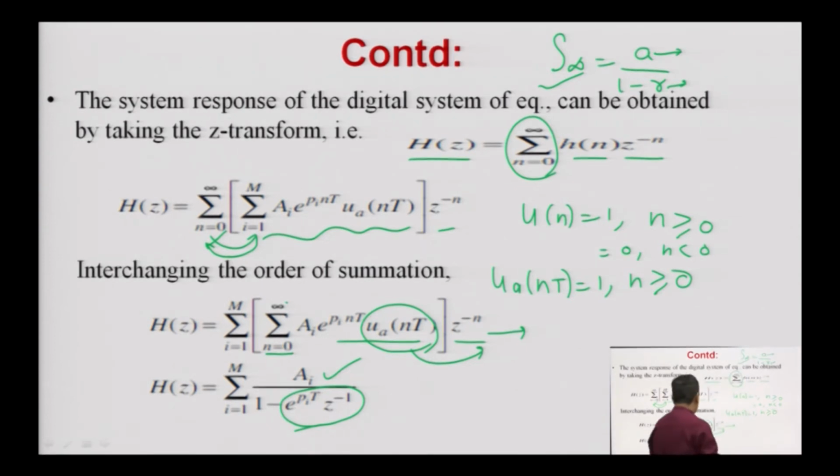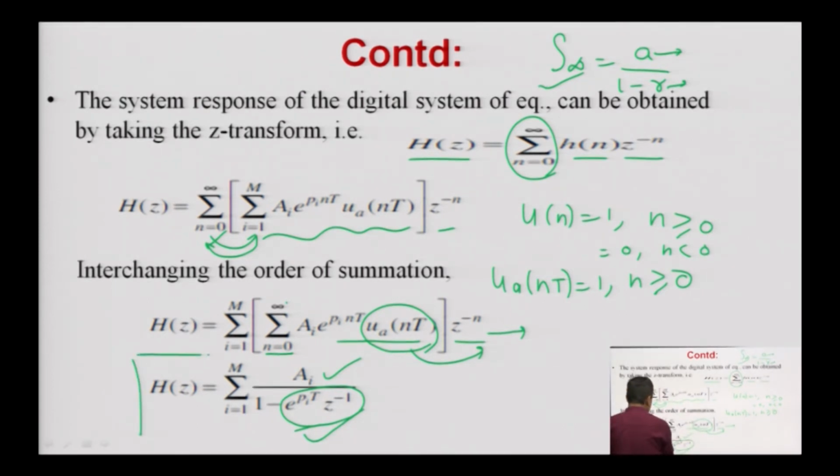If you put the value of small n, you will form a GP, and after getting the GP, if you apply the formula of the infinite GP series, it will be a upon 1 minus r.